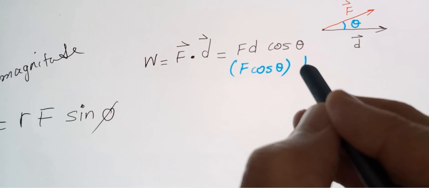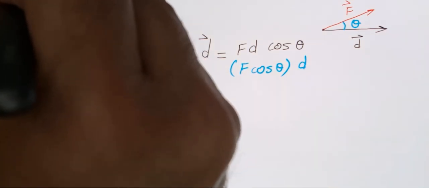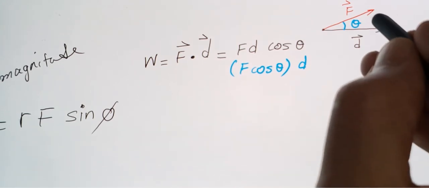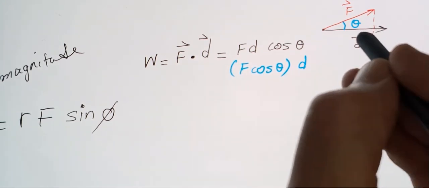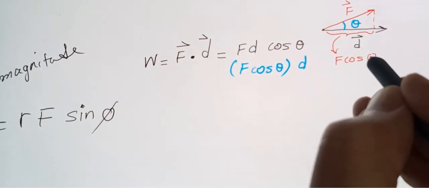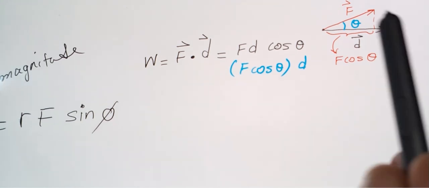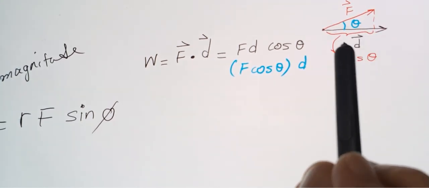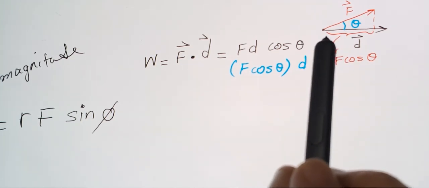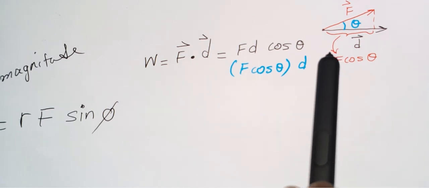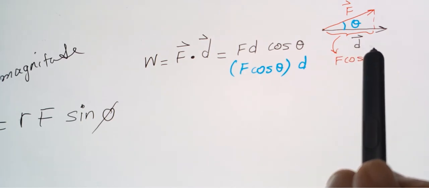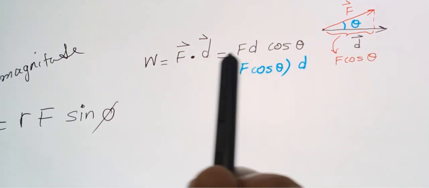It means the only component of the force that will produce work is this component, F cosine theta. This component of the force will do work. The other component of the force will not do work, which is perpendicular to the direction of the displacement. This is the meaning of the dot product.